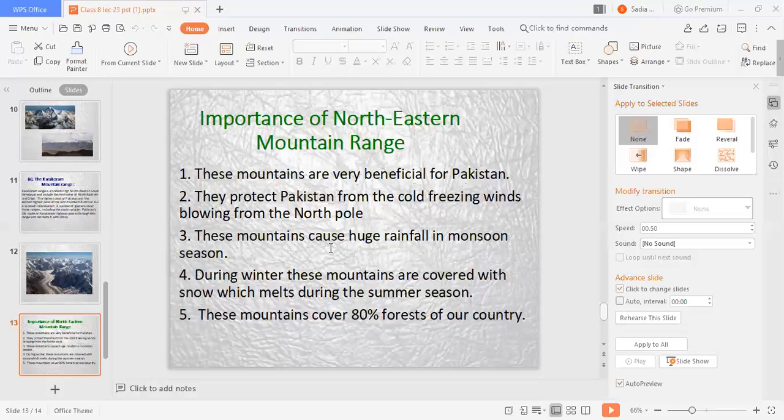If we can say that the rainfall, especially the monsoon rainfall, is very beneficial for Pakistan.